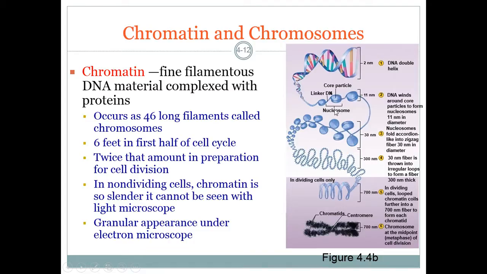This is the structure from here to here. Now, each nucleosome consists of a core particle, like this core particle, and a short segment of linker DNA. The core particle is a disc-shaped cluster of 8 proteins called histones, with the DNA wound around it like a ribbon around a spool.